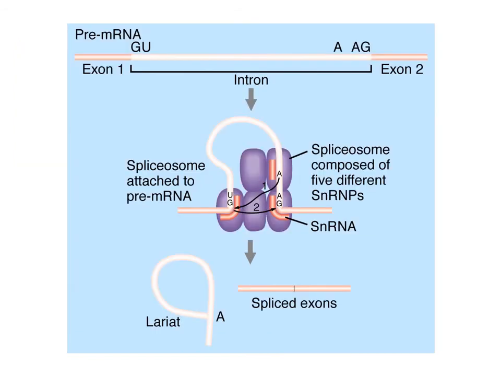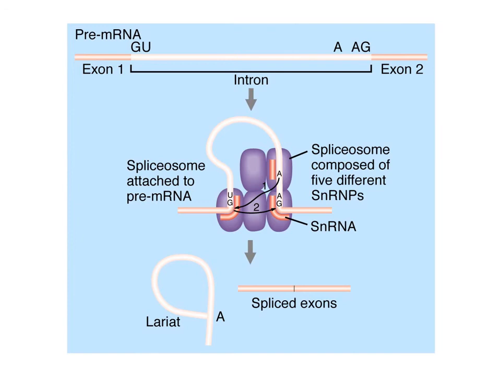So here's the spliceosome, and in the process of actually doing the splicing reaction, very diagrammatically, the spliceosome is composed of 5 different SNRPs, which are able to bring together the borders of the intron and get it cut and religated to produce the correctly spliced exons.